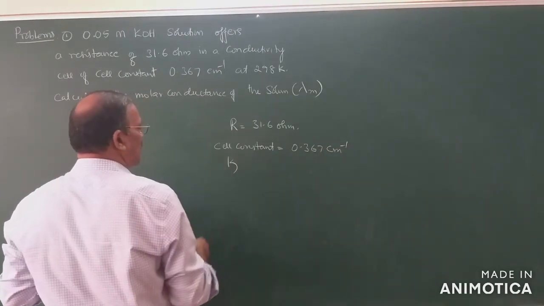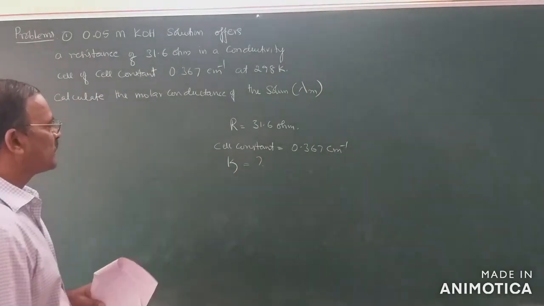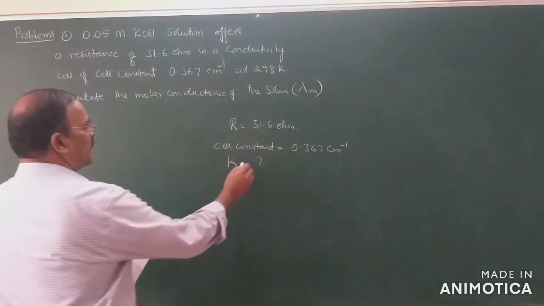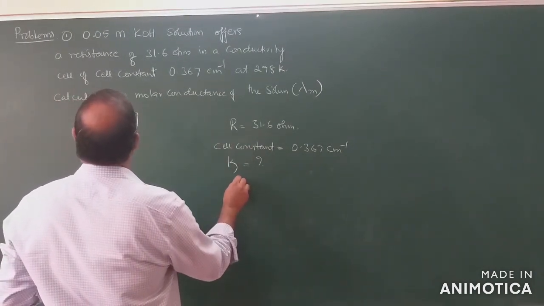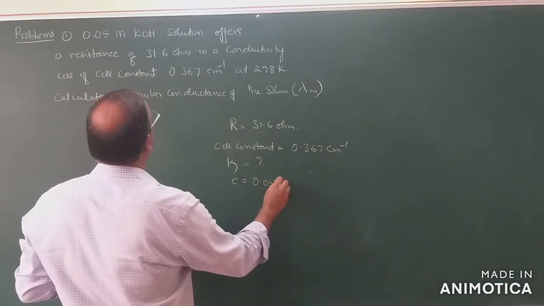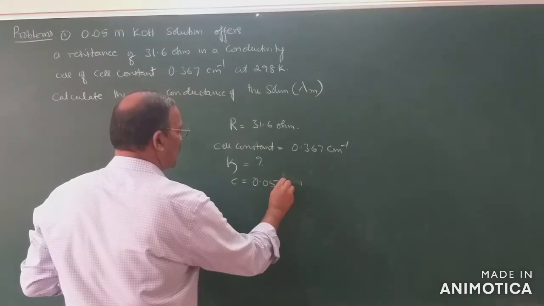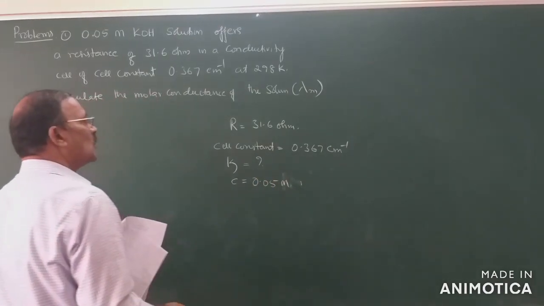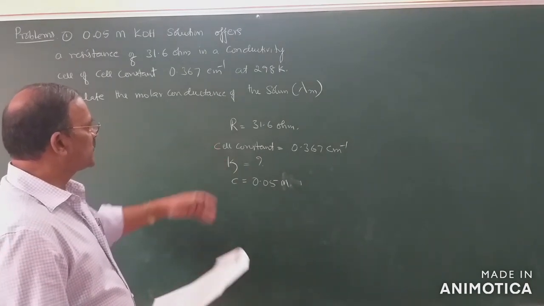You have to calculate kappa. That means you have to calculate specific conductance or conductivity, and then concentration is given, that is C is equal to 0.05 moles. Then first determine the specific conductance.